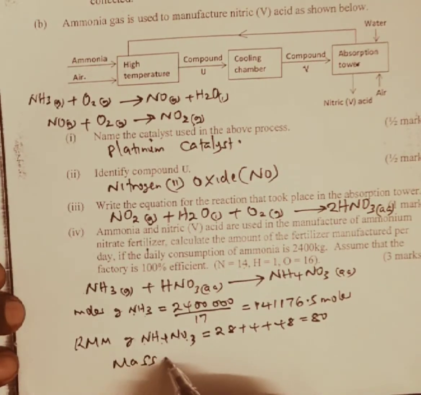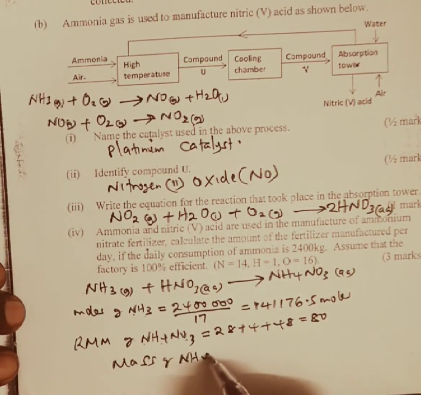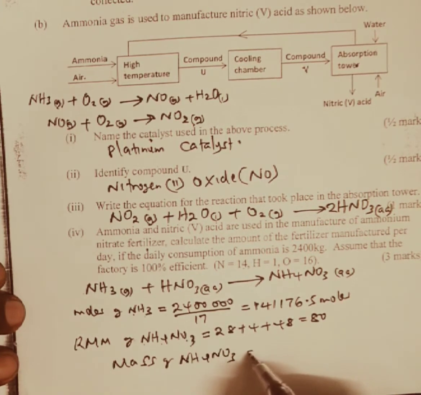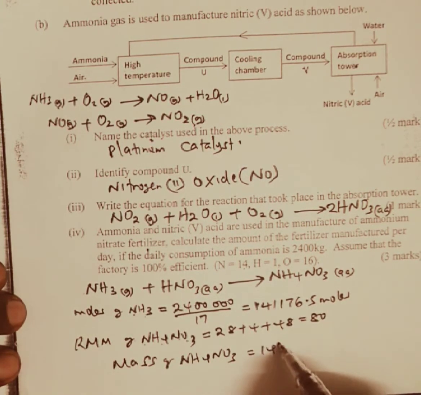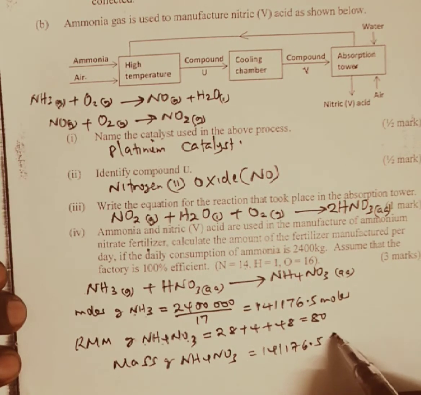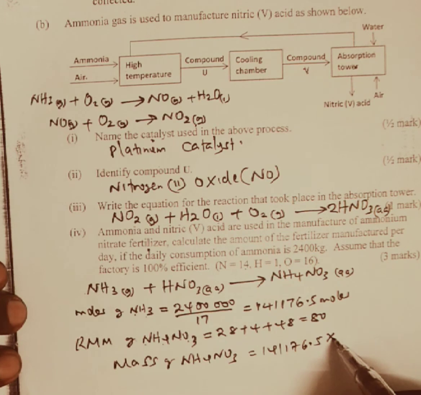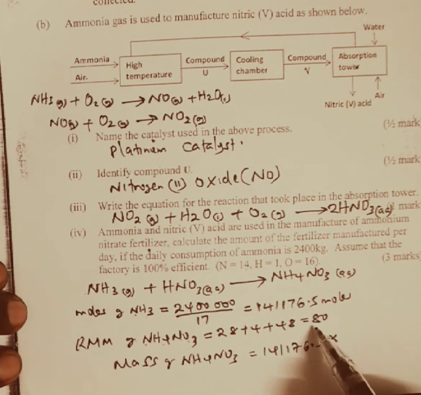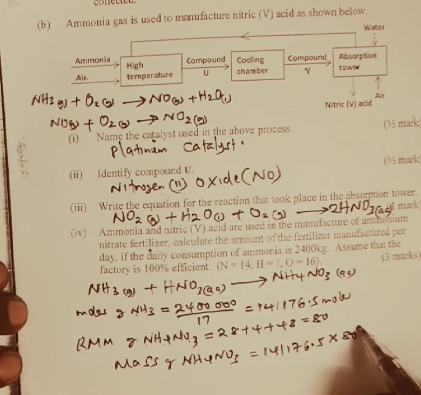Mass of ammonium nitrate will be equal to the number of moles, which is 141,176.5. We multiply by the relative molecular mass, which is 80.